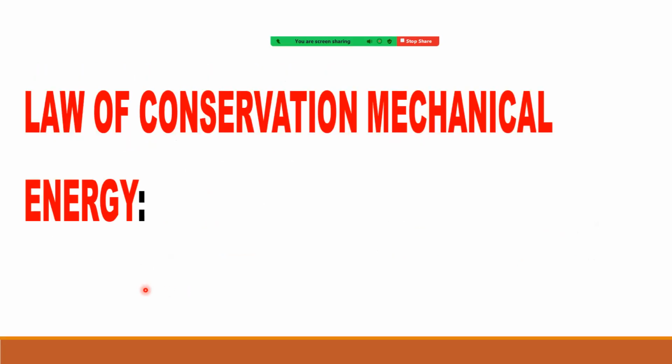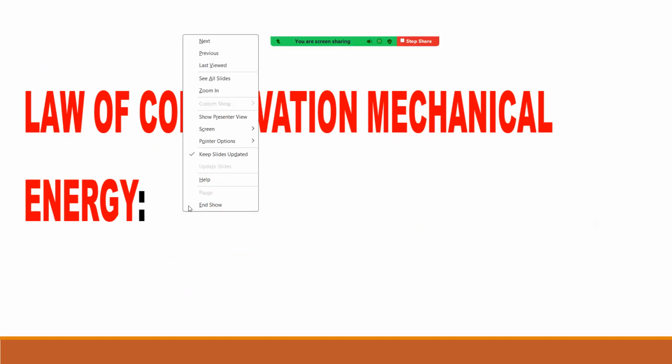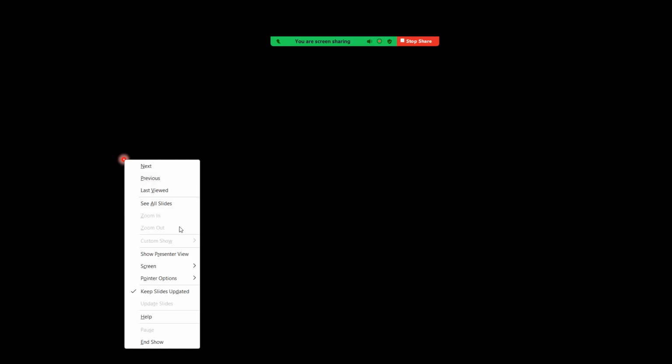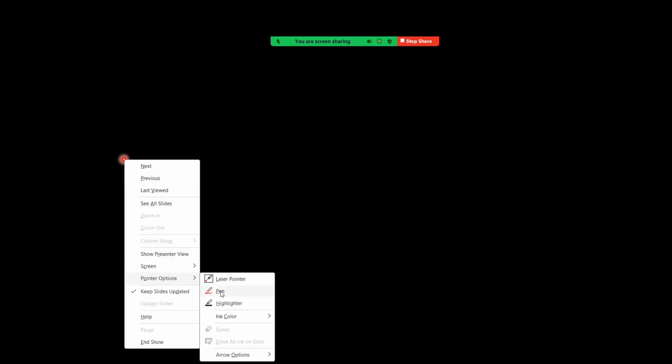And see the next one, the law of conservation of mechanical energy. So let us see what it is. This we are going to get from the work energy theorem. See the work energy theorem that we have learned: work done by all forces, that is net work, is equal to delta K. This is the statement of the work energy theorem.